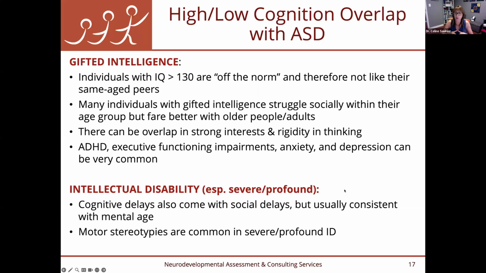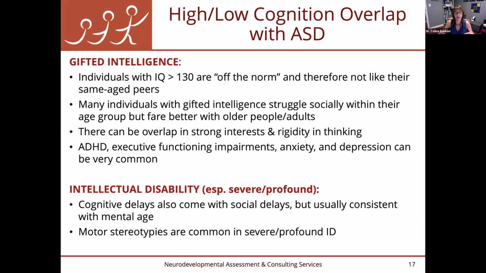So these are the things that we want to keep in mind when we're doing these diagnostic differentials, that when we're giving our quote unquote gold standard measures, for instance, like the autism diagnostic observation schedule, which is used in diagnostic evaluations for autism, really gifted individuals who are highly verbal and have really strong conceptual skills can fall sub-threshold on something like the ADOS, even if they have autism.